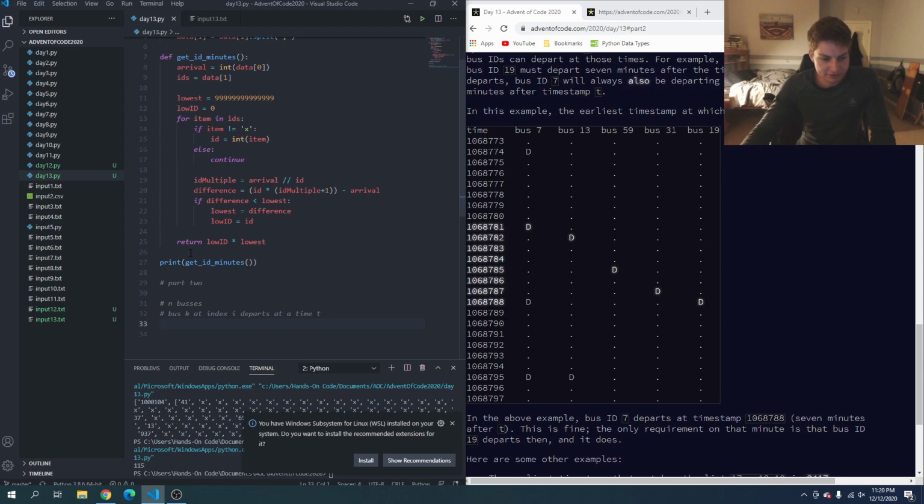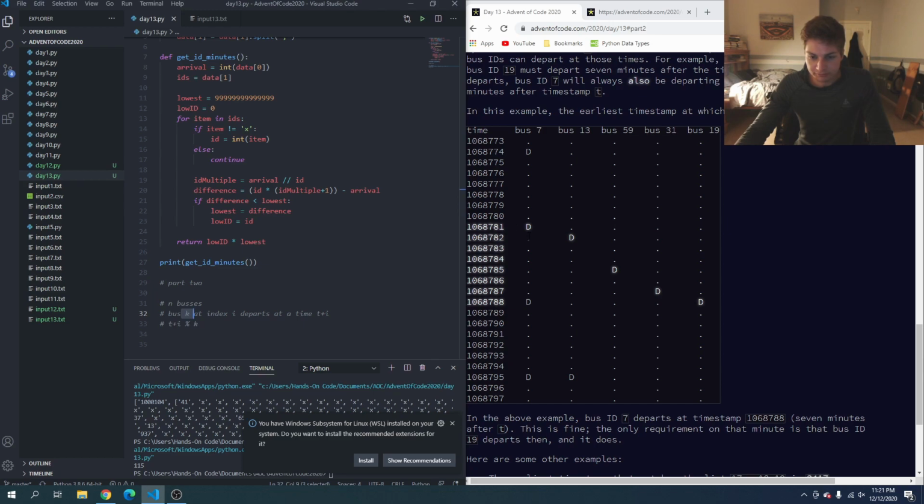I guess this is true for the first bus, and then at time t plus I. So that means that we have t plus I mod k, because t plus I needs to be a multiple of k.